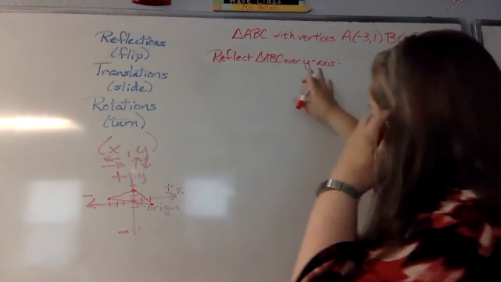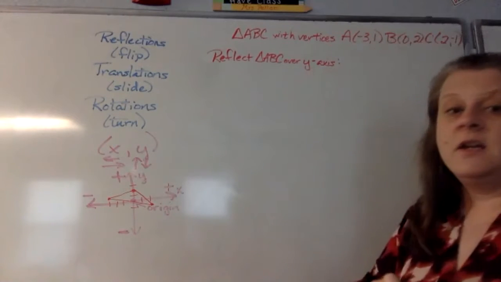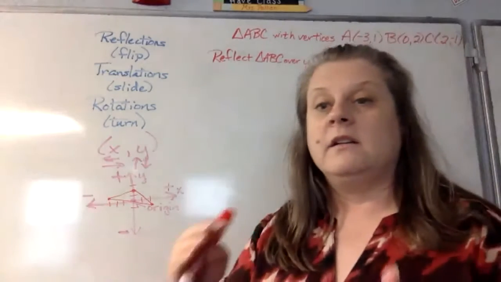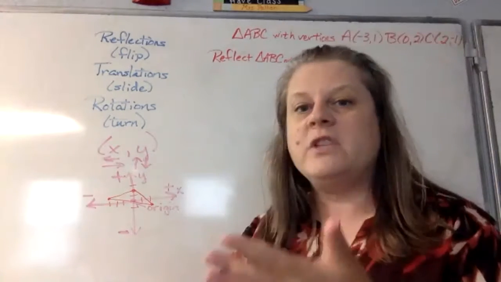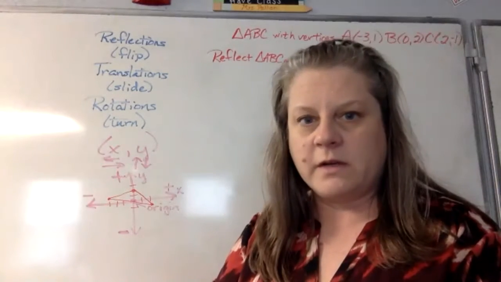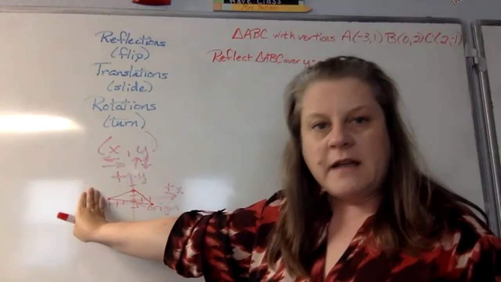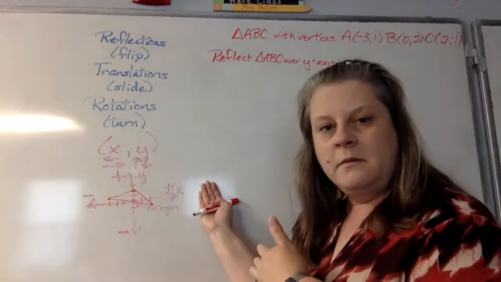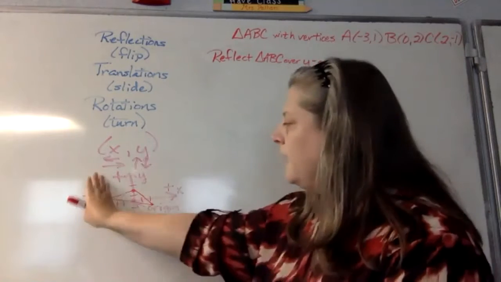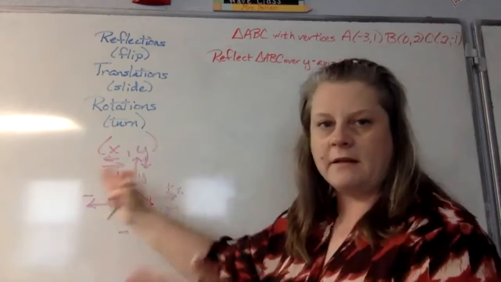So when we're reflecting over the Y axis, to find your new points, you change the sign on the x-coordinate. It's got to be the opposite. So if it's over here on the left, a negative, it's going to become a positive and go to the right because you were reflecting it, flipping it over that y-axis.